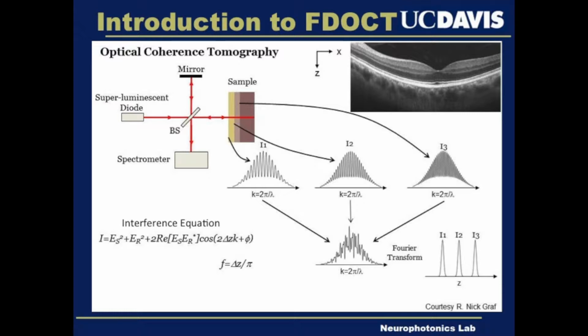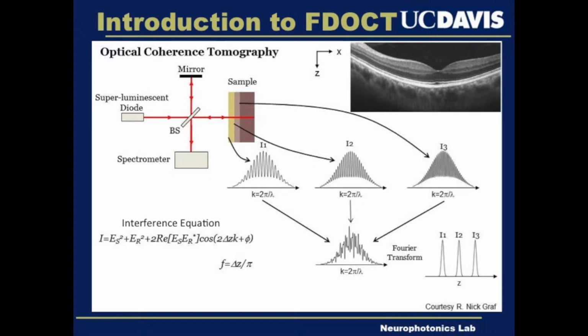In OCT, you're sending out light and you're measuring the interference pattern that's created from the reflections in tissue. And these reflections will change with depth. A shallow reflection is going to be much lower frequency than a deeper reflection. And so these frequency components let you tell how deep you are in the tissue.